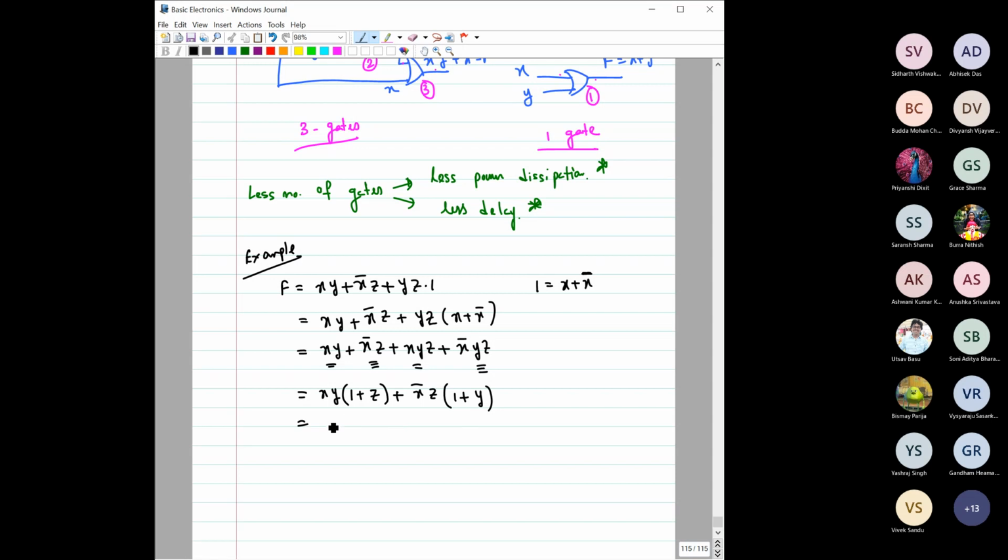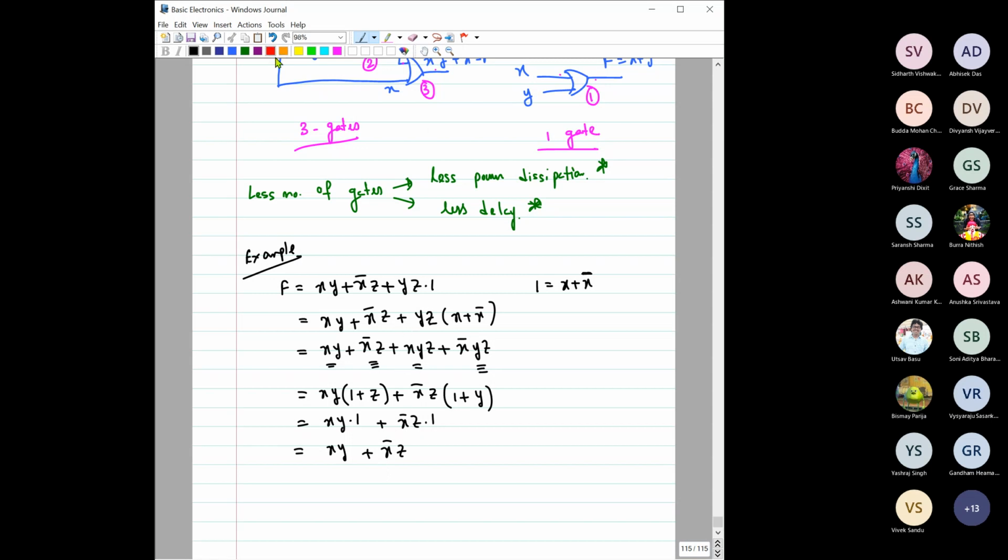Now you see x dot y, 1 plus anything becomes 1, right? x bar z, 1 plus y, anything becomes 1, right? The OR operation with 1 gives 1, and the AND operation with 1 gives the same term.